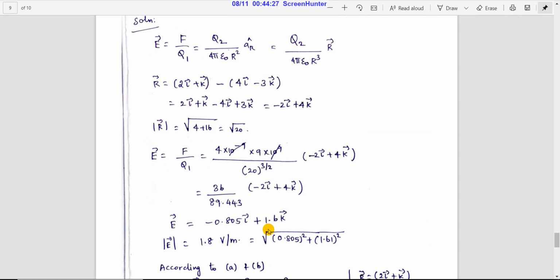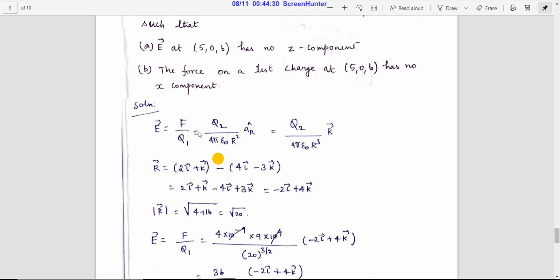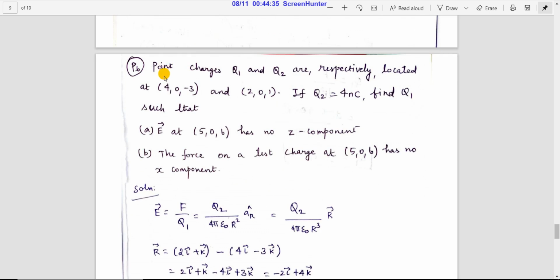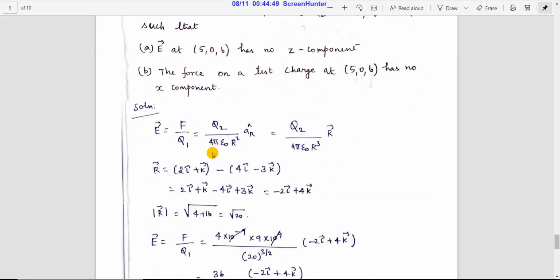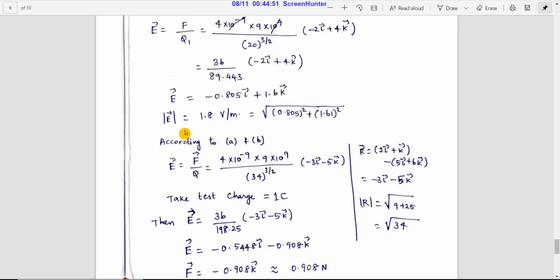But what you have to find out is the electric field intensity at 5, 0, 6, but not at 4, 0, minus 3. But you know the electric field due to a particular charge is equal at any point wherever the particular field is available. So what you have to do is take that particular case into mind, and find out what is the R vector, because this R vector is going to vary.